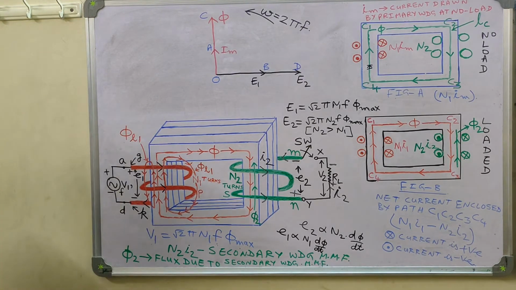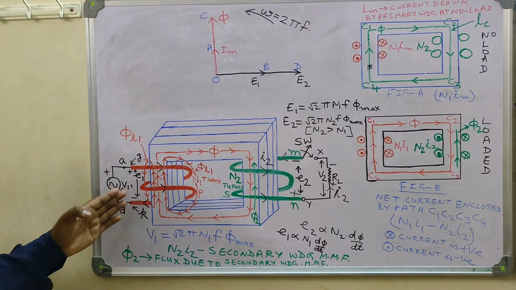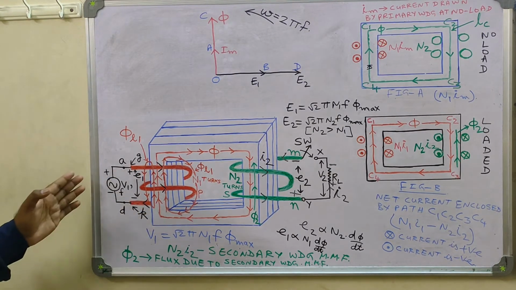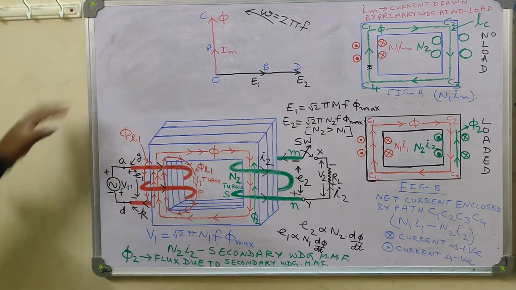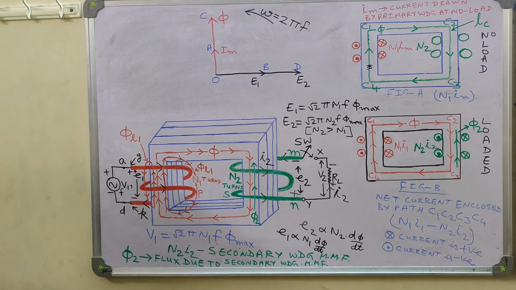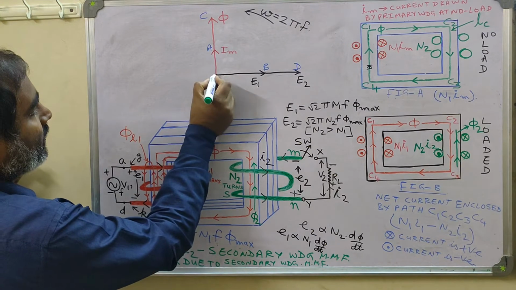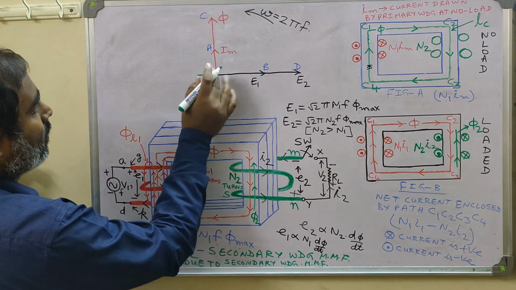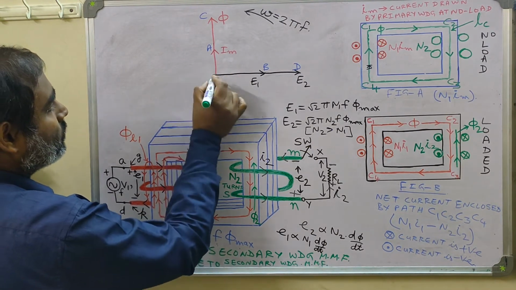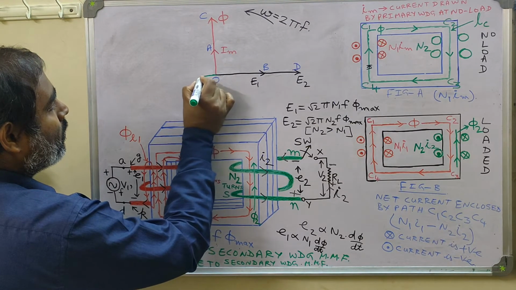So if the induced EMF in the primary coil P is to oppose the applied voltage V1, then V1 and E1 should be 180 degrees out of phase. That is what is being indicated here. So let us draw V1. This will be V1 actually. Let me draw it here.